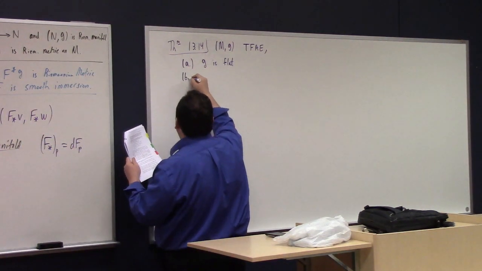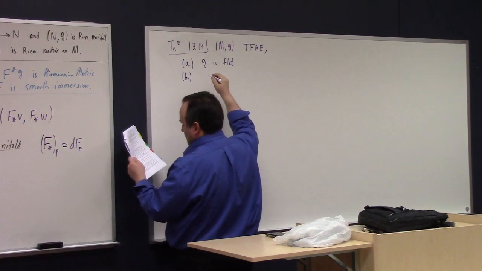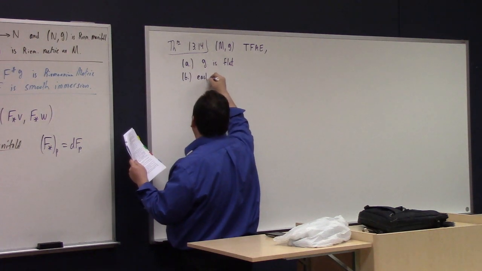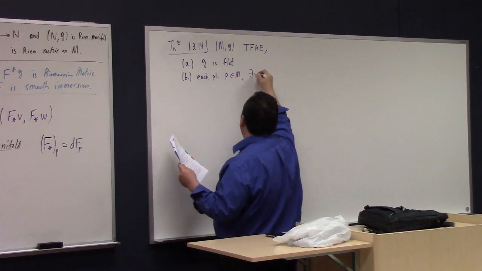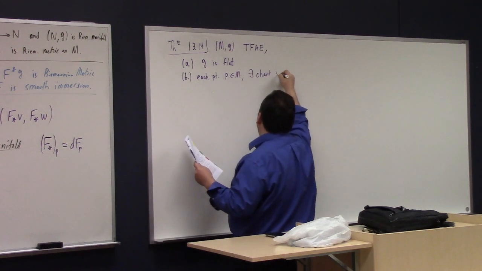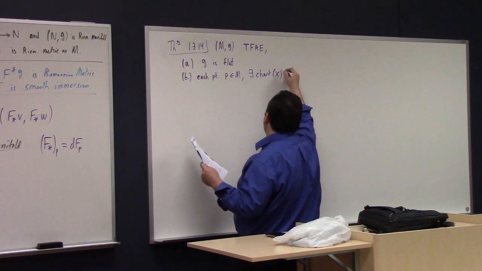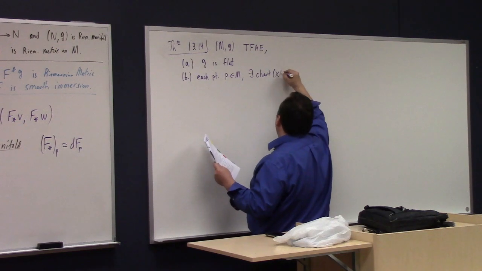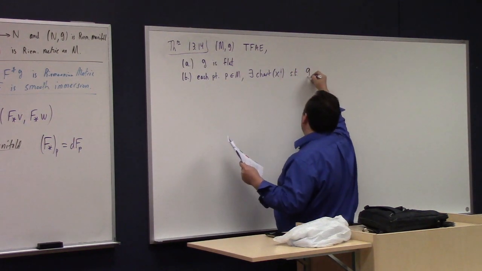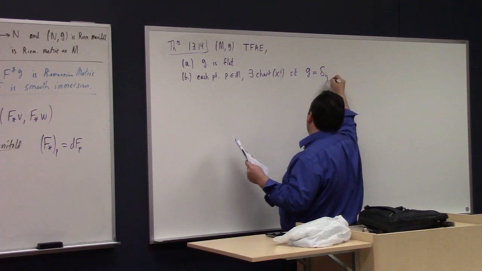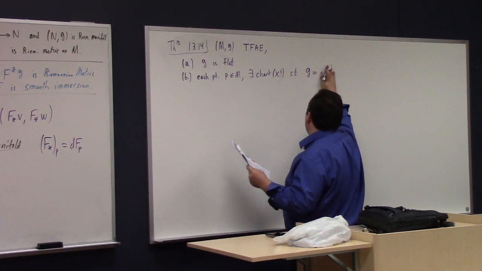B: each point p in M, there exists a chart x^i such that G is equal to the Kronecker delta ij. Oh man, sorry.